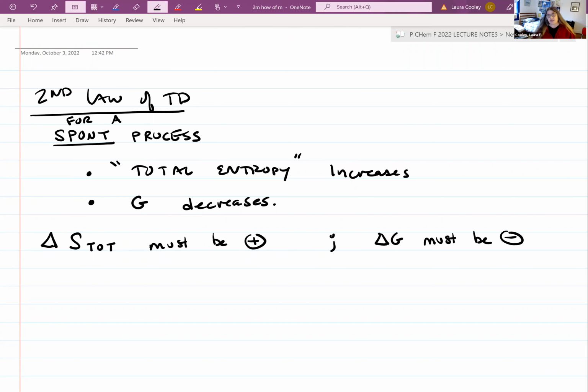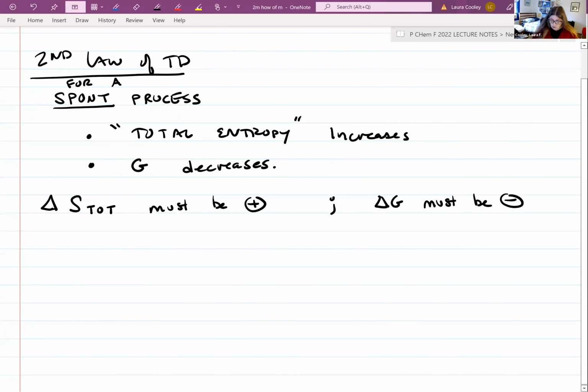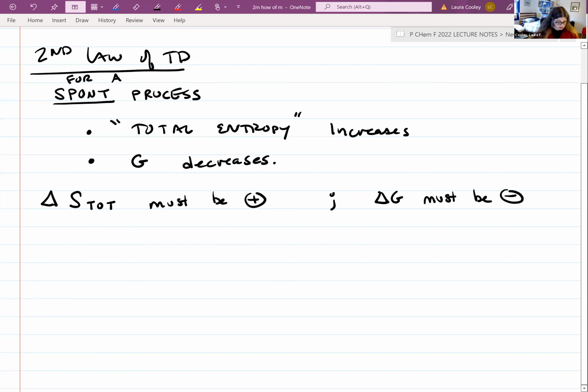These are the conditions, or they're actually one and the same condition, really, which I'll tell you in a minute. But this is what must be true if a reaction or a process is spontaneous. Now, delta S total actually consists of two parts. There is the change in entropy of the system, which we never use a subscript for.